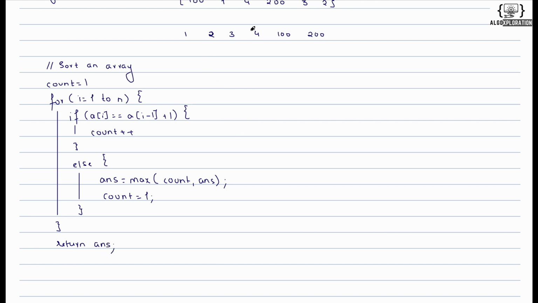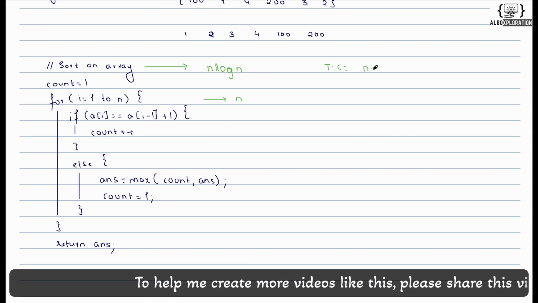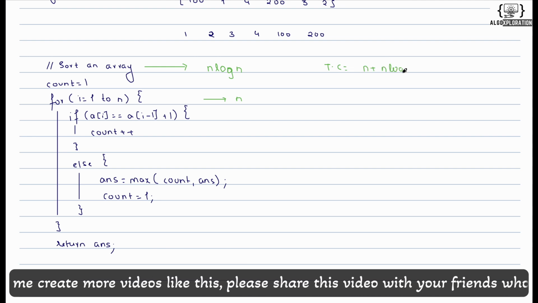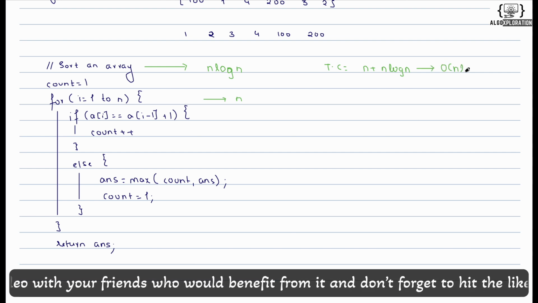Now let's look at the time complexity of this approach. Here we are sorting the array first. If we sort it using merge sort or quick sort, it will take n log n time. And the single for loop will take n time, so the time complexity will be n plus n log n, which boils down to order of n log n.